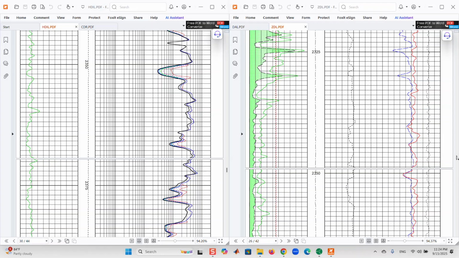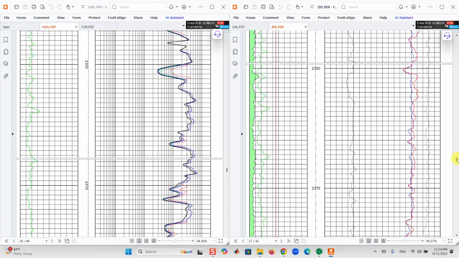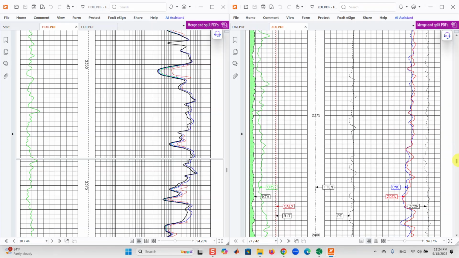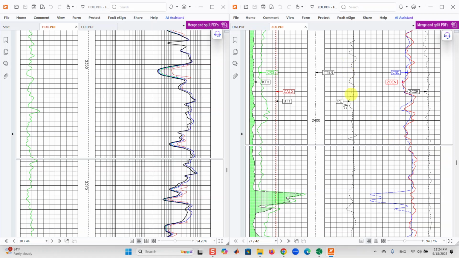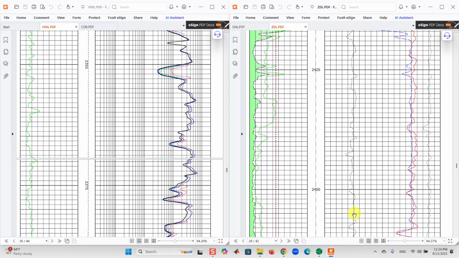What about the values? Let's check the values. As can be seen, these intervals are totally limestone, and we expect PEF equal to 5. But PEF reads less than expected values in some intervals.